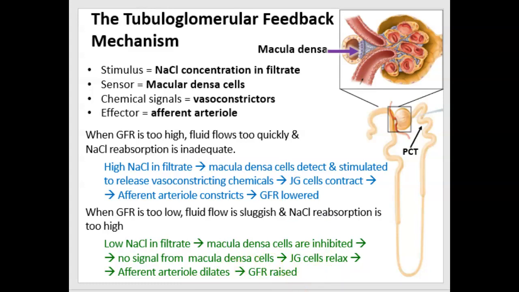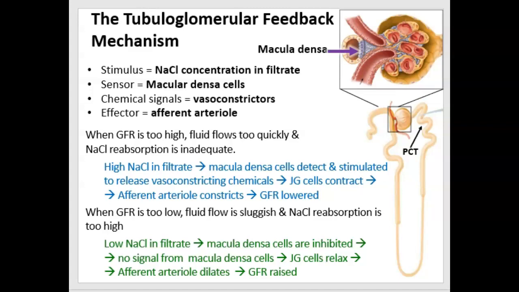So your study questions ask, describe the tubuloglomerular feedback mechanism, specifically whether it can raise or lower glomerular filtration, and it can do either. And then B, the relevance of sodium chloride in the filtrate. If sodium chloride is high, a stimulus is detected, and that's by the macula densa.